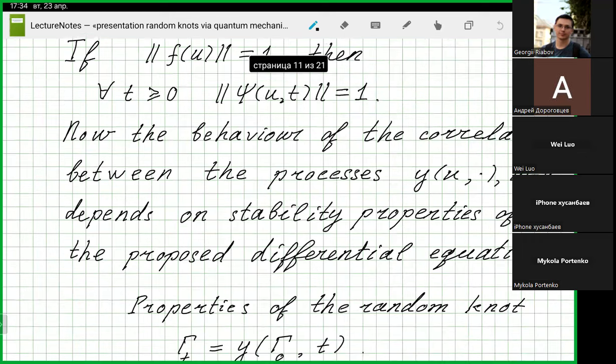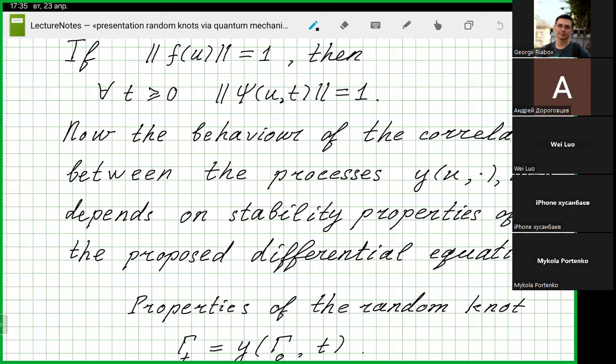The behavior of the correlation between the processes Y_u depends on the stability properties of the proposed differential equation, and one can propose different examples where A has, for example, some attractors on the unit sphere in Hilbert space. Then definitely we have the effect that the correlation between different particles in our initial space R3 will increase.